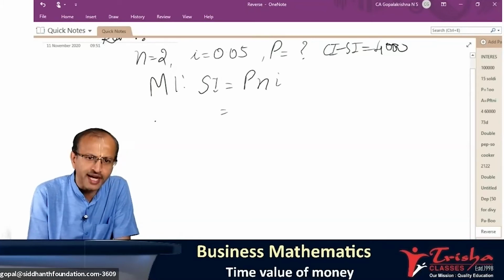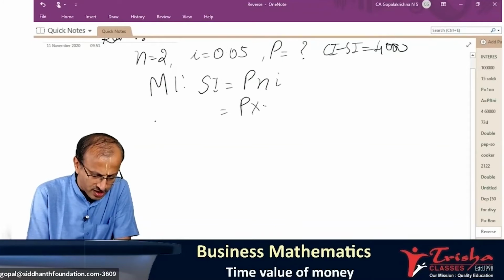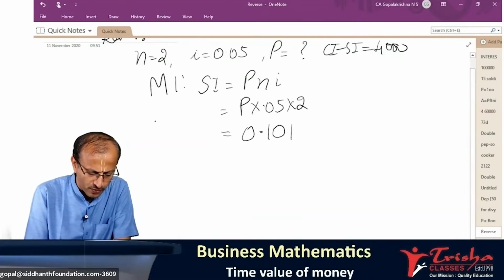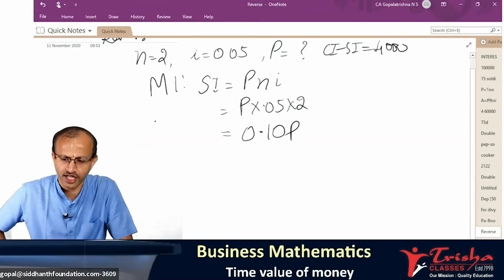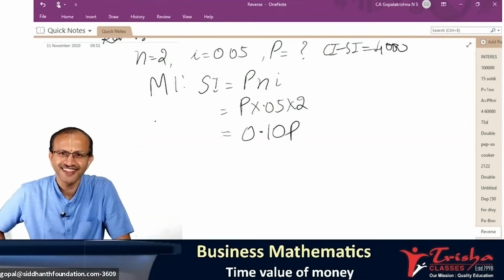I don't know Si. I don't know P also. I will keep P same. N is 2, I is equal to 0.05. All of you multiply and let me know. It is 0.10 P. Any doubt you have here? So far, any doubt? Please respond to me.